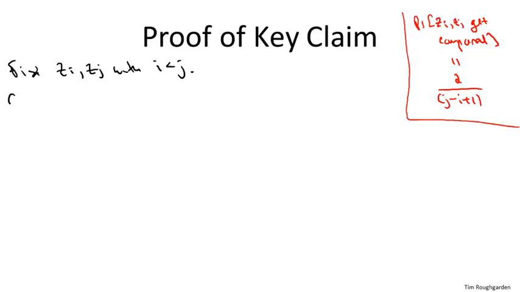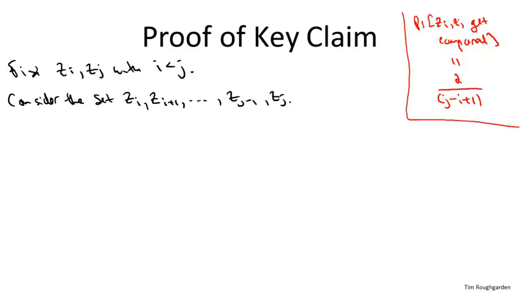Now, what we want to reason about is the set of all elements in the input array between zi and zj inclusive. And I don't mean between in terms of positions in the array, I mean between in terms of their values. So consider the set zi, zi plus 1, dot dot dot, zj minus 1, zj.